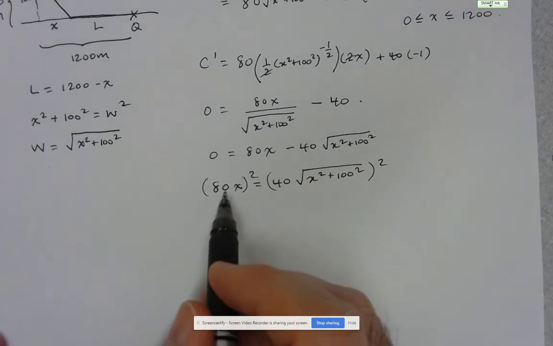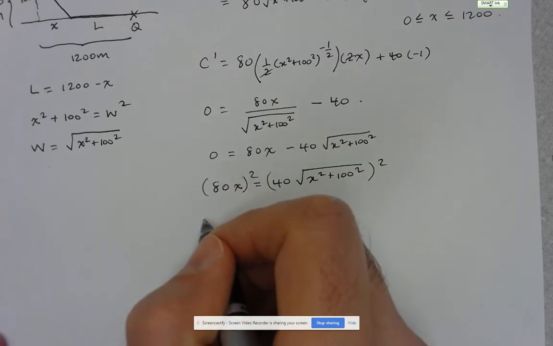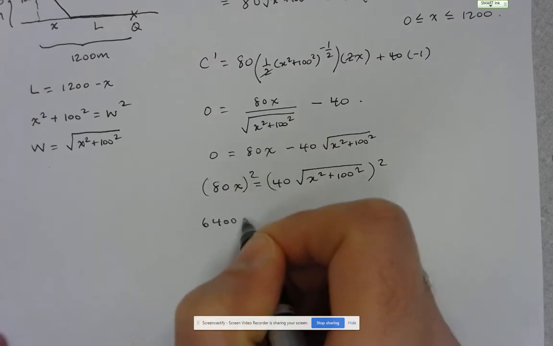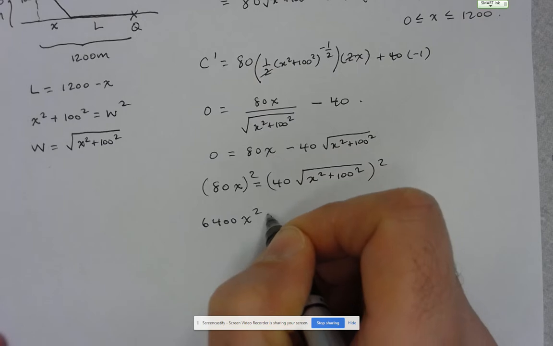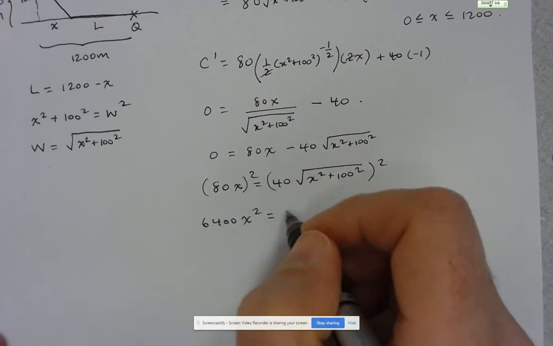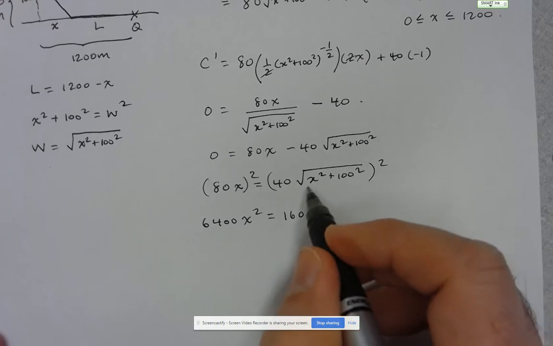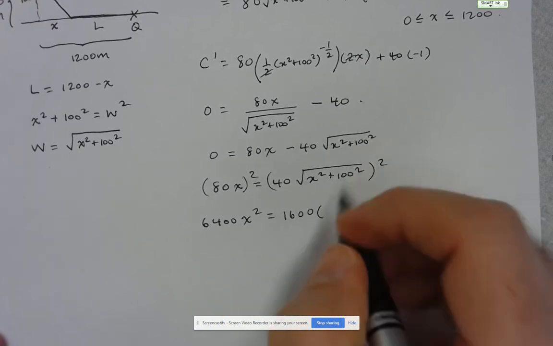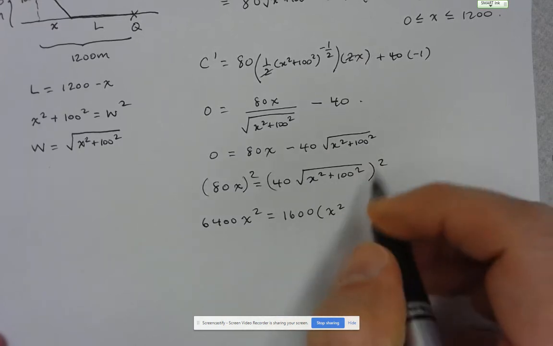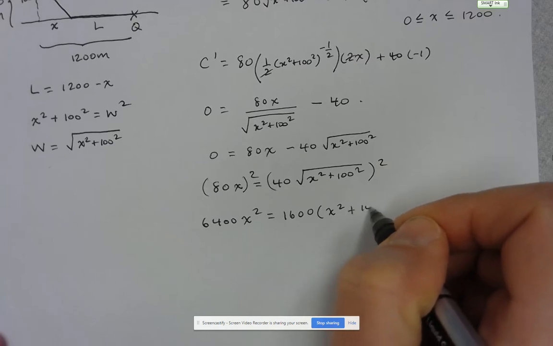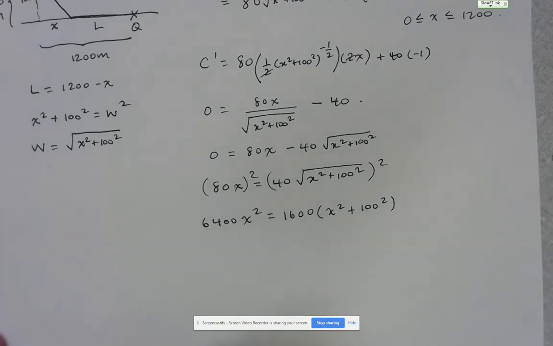So here I've got 80 squared. That's going to be 6,400 x squared equals 40 squared is going to be 1,600 times, well, the square of the square root just gets rid of the square root, x squared plus 100 squared. Okay.